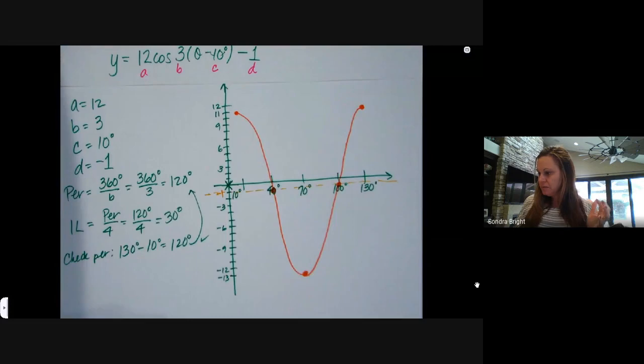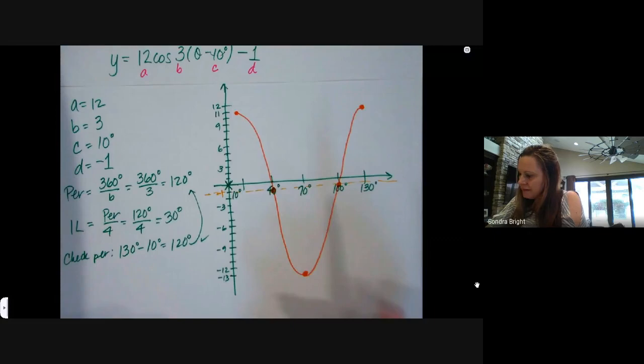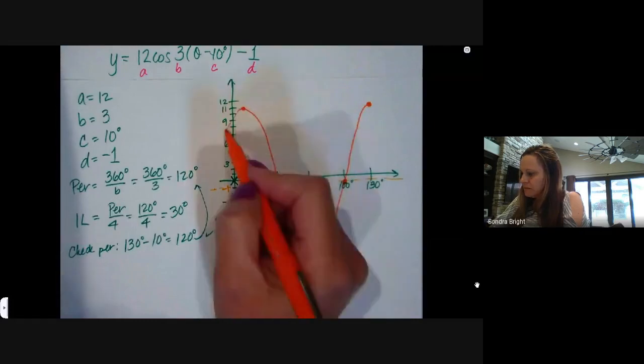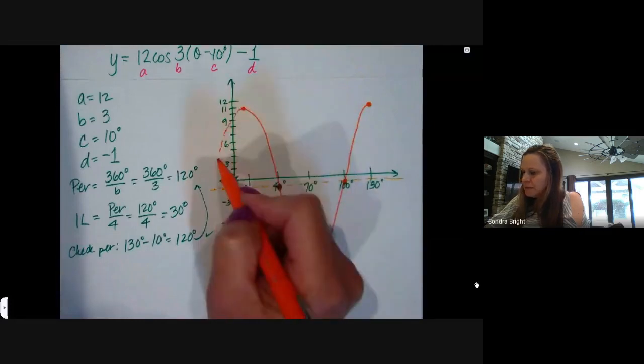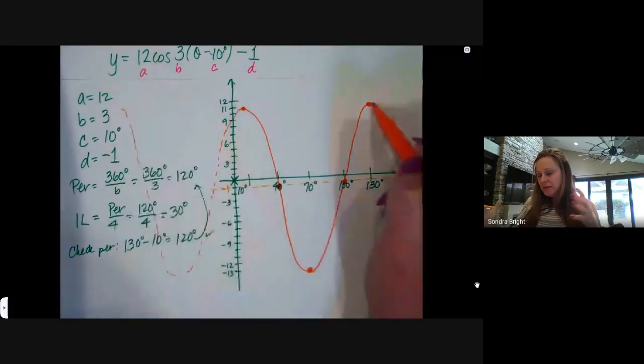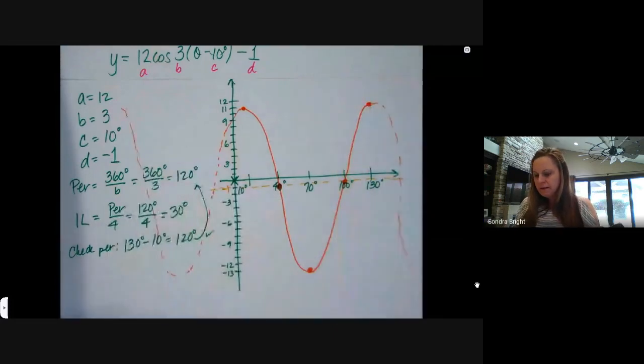So this is just 1 period, but technically, this thing keeps on coming back down, and it goes down to here, and it keeps on going. And same thing here. So this graph technically keeps on going in both directions. Keep that in mind for tomorrow when we're going to find a whole bunch of values. And it's because this graph goes on forever and ever in both directions.